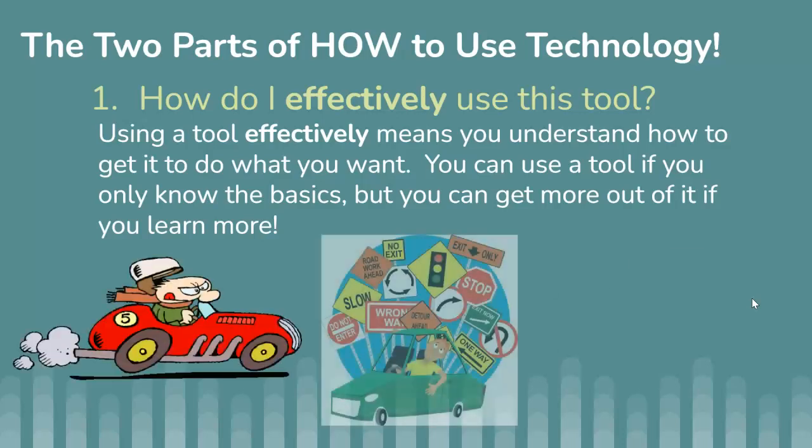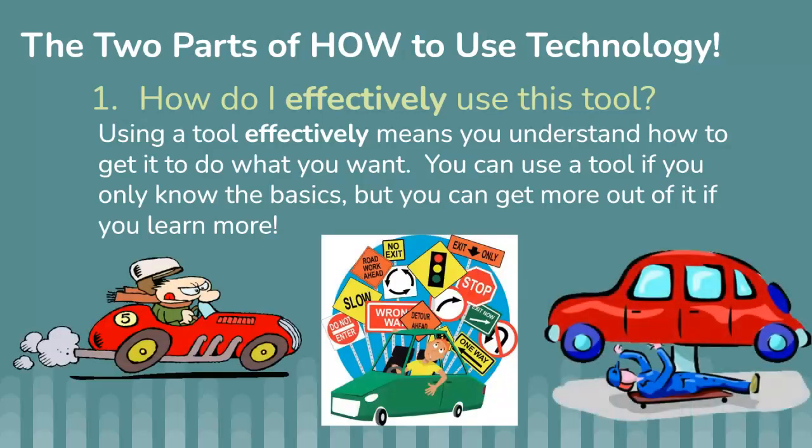So we have this analogy here. Analogy means we're kind of comparing it to something visual or something you might know that's not the exact same thing. How to effectively use it means you understand how to get it to do what you want, right?